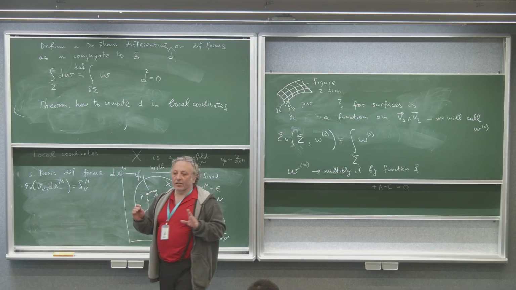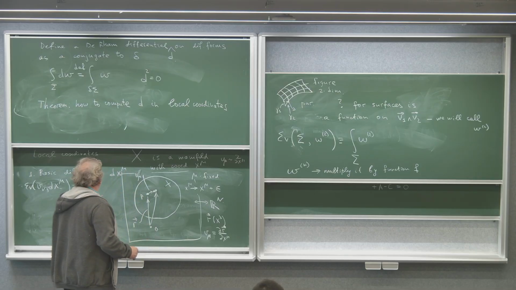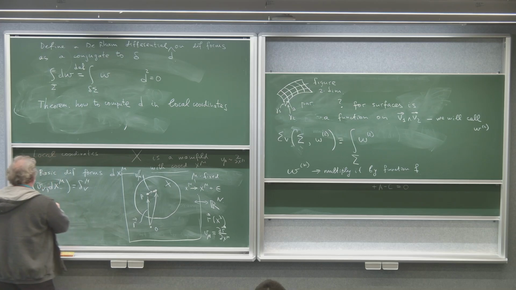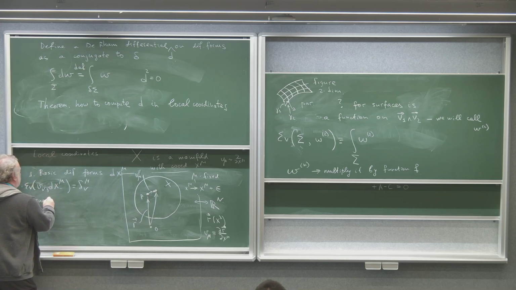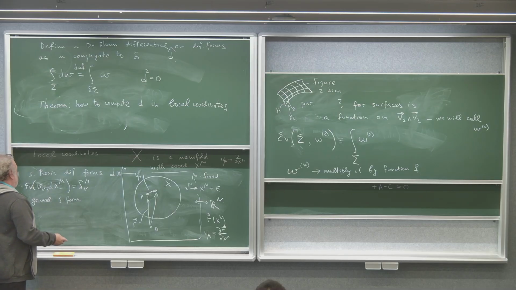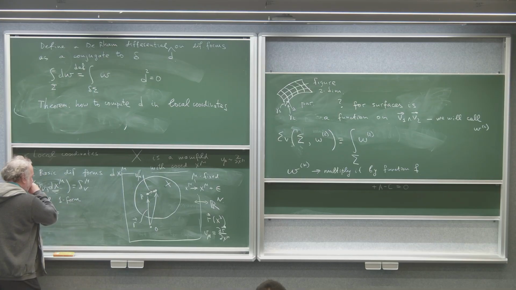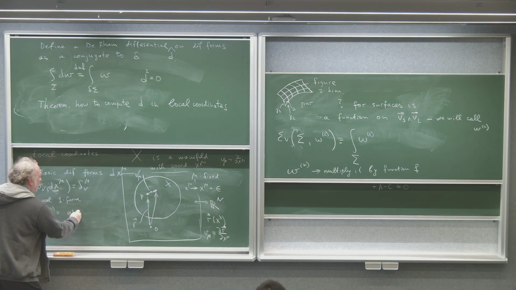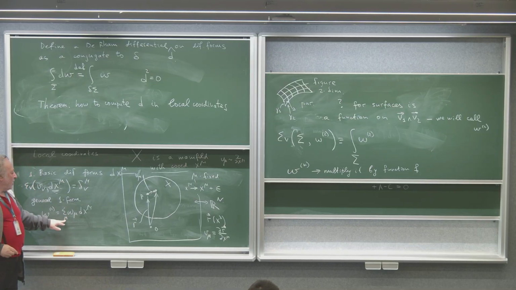You will still get a function on small pieces. That's why a general one form could be expanded in these basic one forms. Later on, I will omit the summation index. I will use the so-called Einstein rule, that if I have a repeating index, I sum over it.